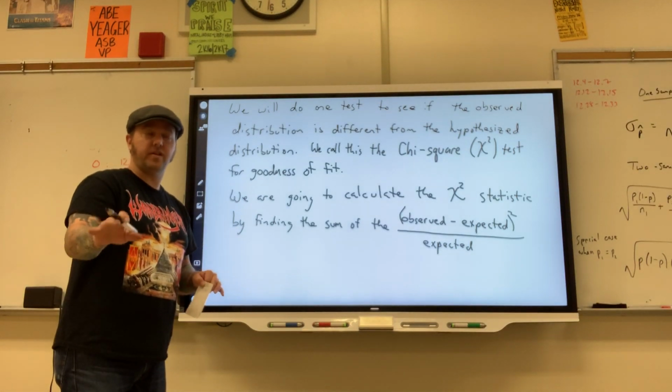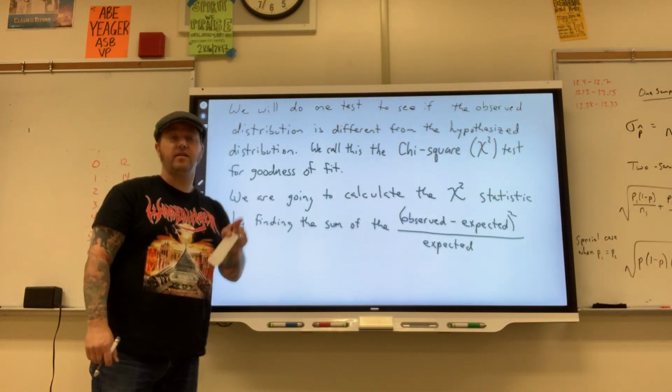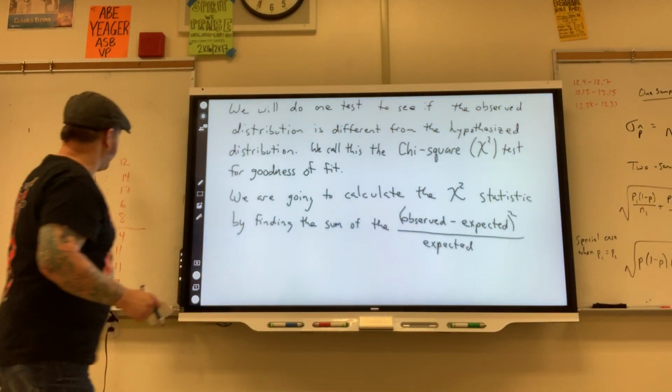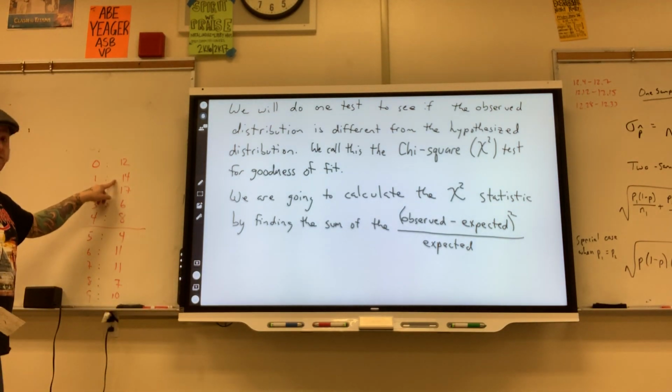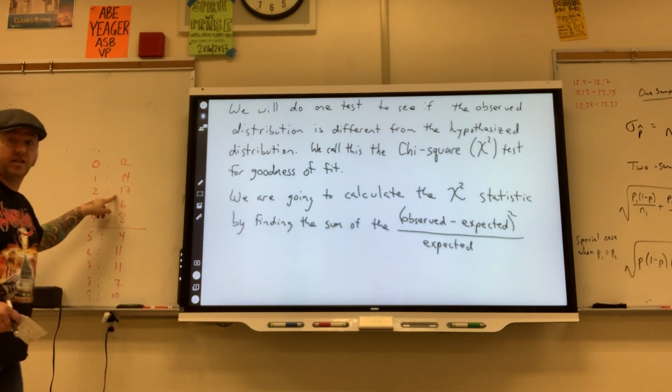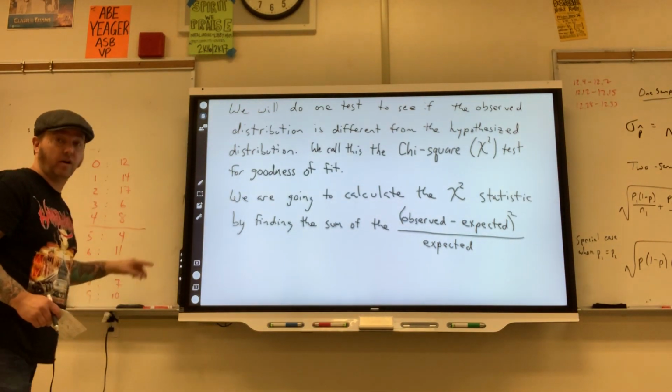Okay, so what were the expected counts for each one? 10, good, that's right. Each of these should have shown up 10 times. The observed, we got 0 12 times, 1 14 times, 2 17 times, and so on.